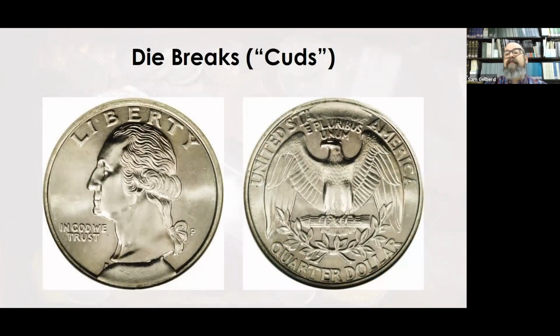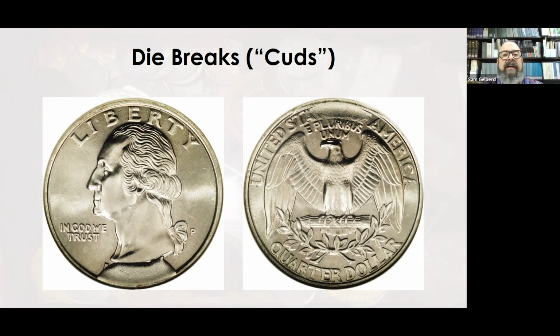Cuds are pretty cool when you have major die breaks that occur near the rim of a coin, and kind of obscure part of the design. And you can tell by looking at the reverse that where the void was on the obverse, the reverse couldn't strike all the way up. So it's a good way to authenticate one of these kind of errors, affectionately referred to as cuds.